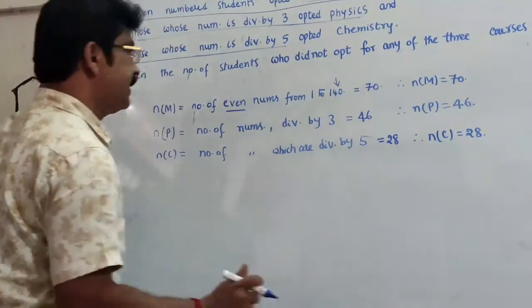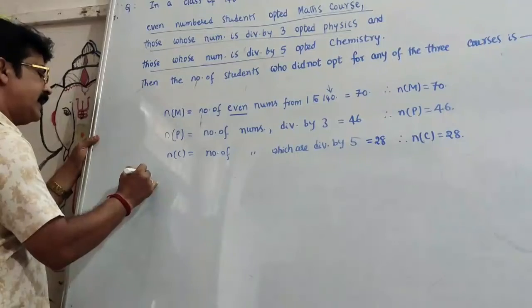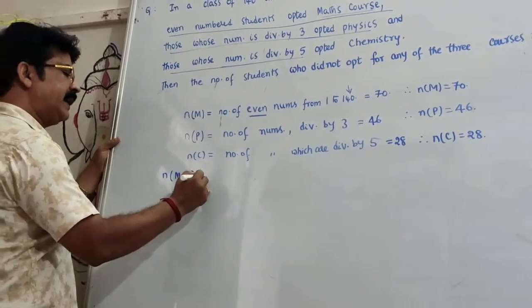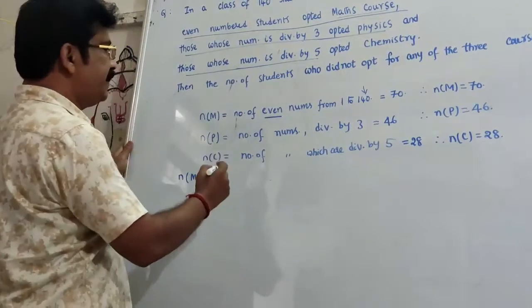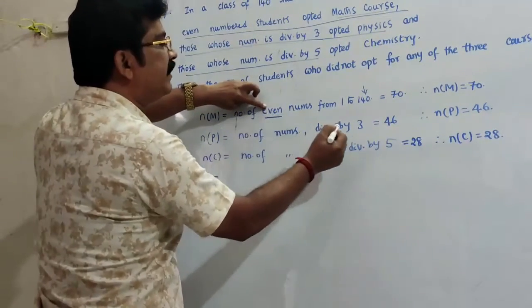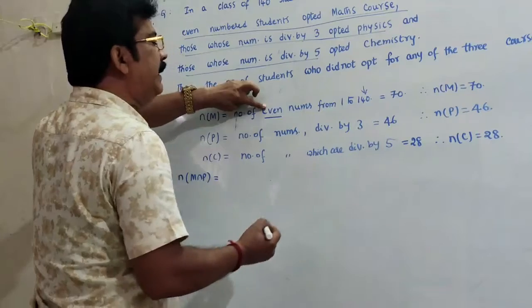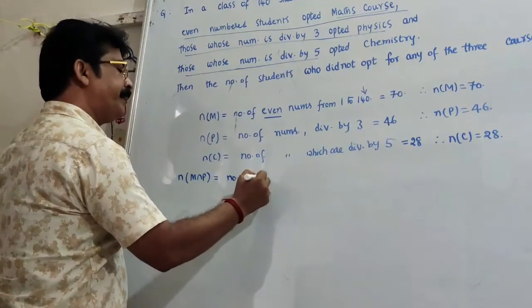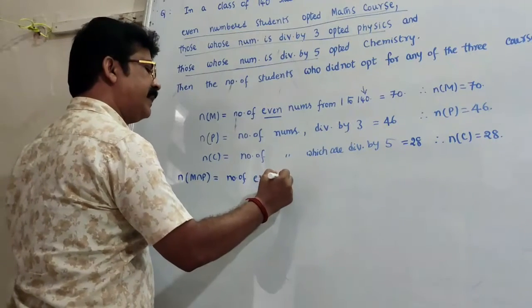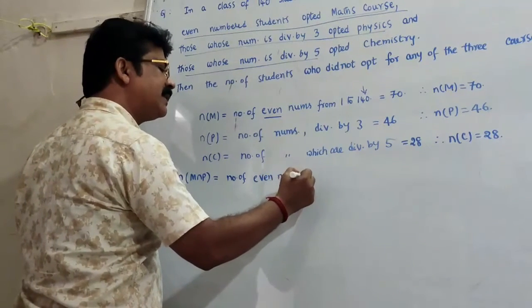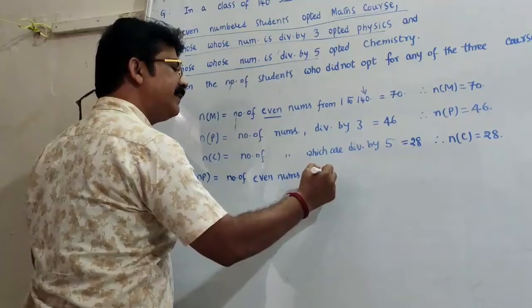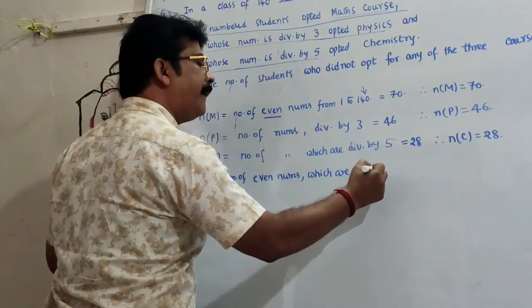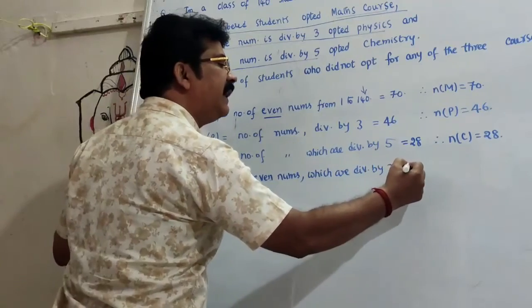Next, we shall find n of M intersection P. N of M intersection P means what? Even numbers that are divisible by 3.